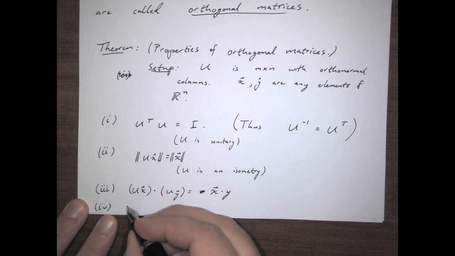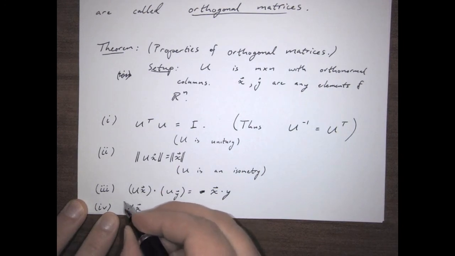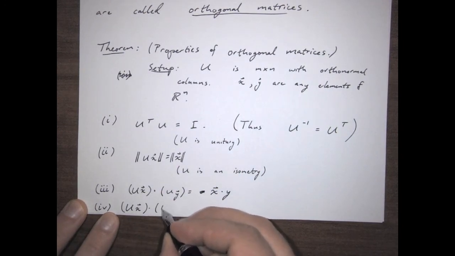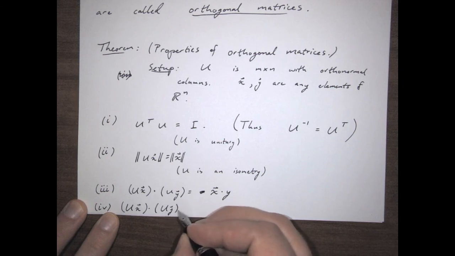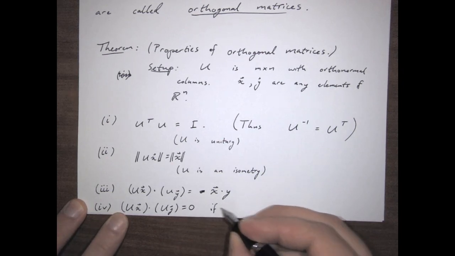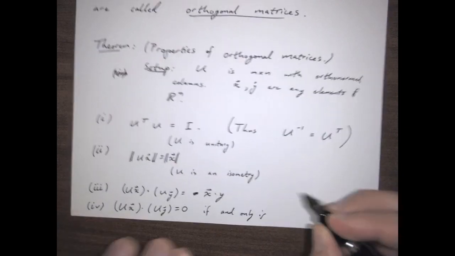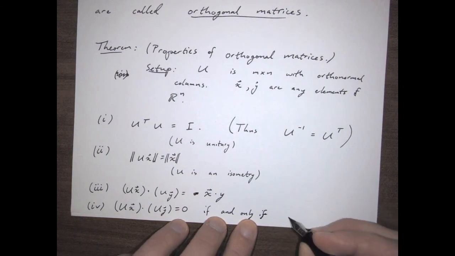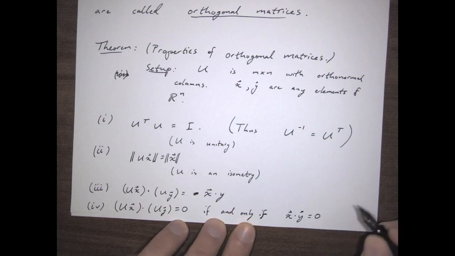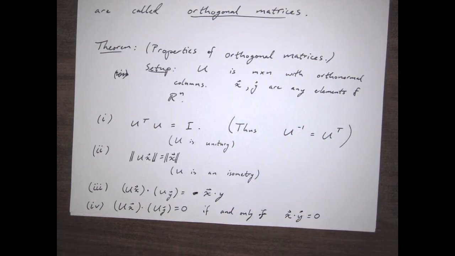So U times x dotted with U times y equals 0 if and only if x dot y already equaled 0. So in other words, a unitary matrix won't take any two vectors that were not already orthogonal and send them to any vectors that are orthogonal.